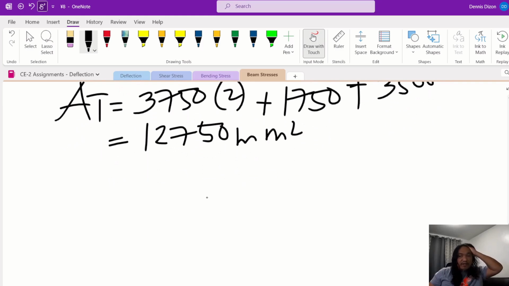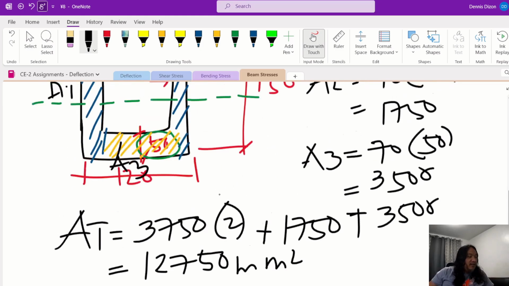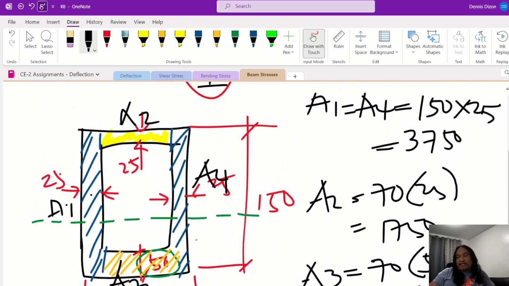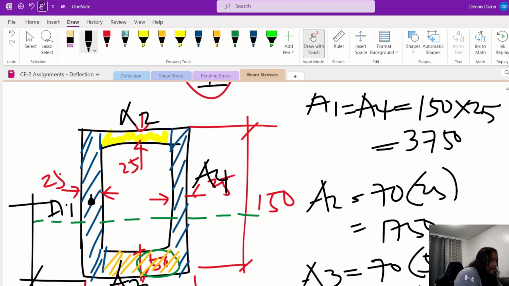So we already have the area. Now, to get the moment of inertia, we will be doing a transfer moment of area, so we will calculate the centroid of each area. If that is area 1, say this is our datum line. So area 1 would be the center of this area. That is our y1.